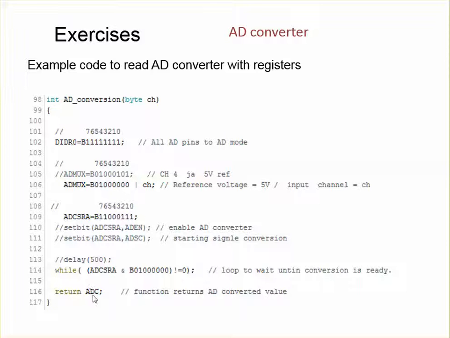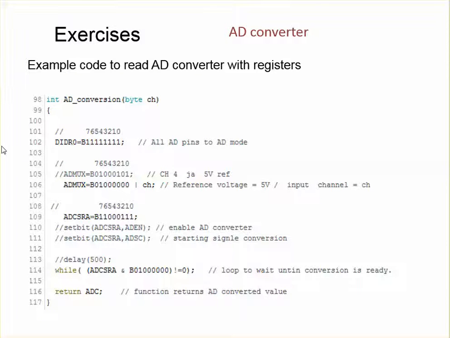And here it's not 8-bit wide because we have defined our function as an integer. So this return value is 16 bits. There were these two registers, low and high registers, but if we create that as a 16-bit register, then we can return all 10 bits at the same time.